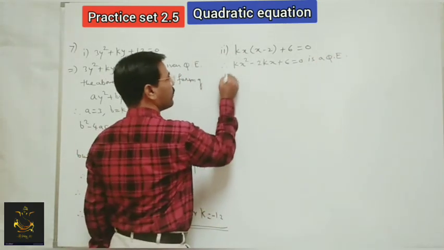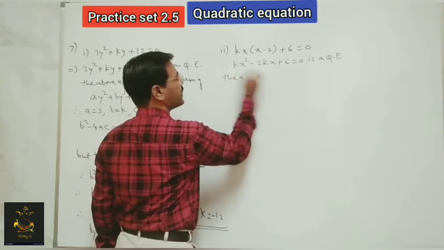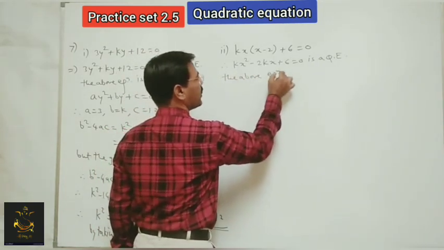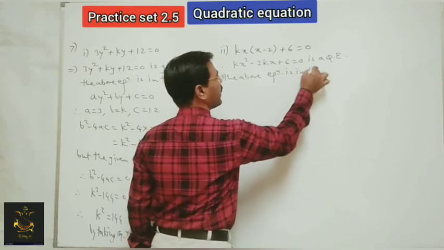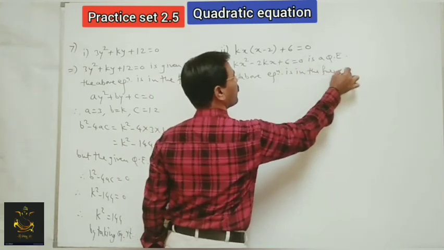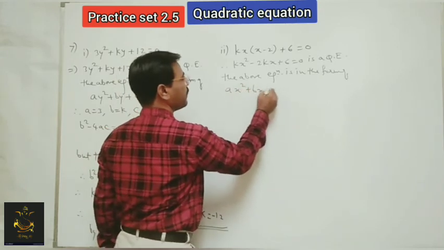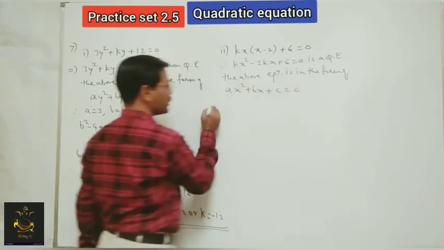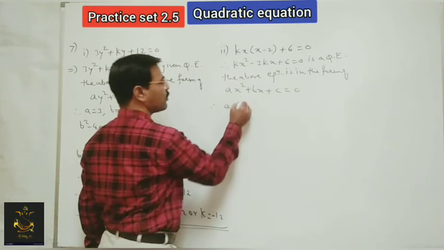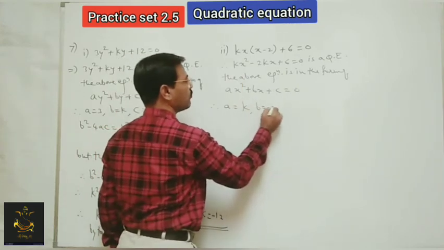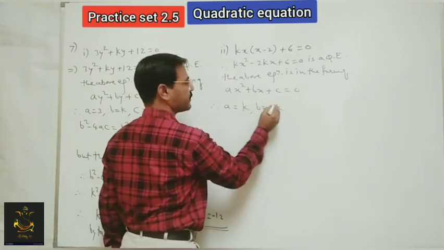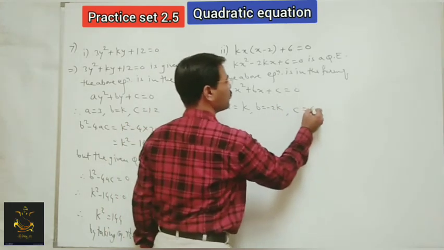The above equation is in the form of ax square plus bx plus c equal to 0. So just compare. a is equal to k, b is equal to minus 2k, and c is equal to 6.